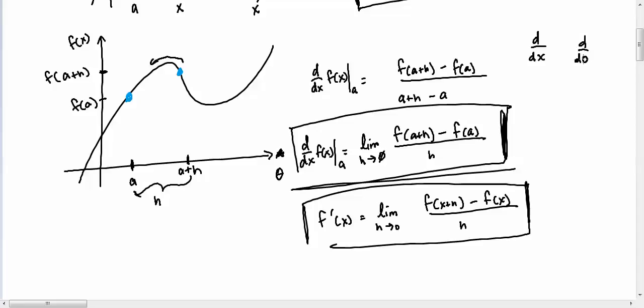Does that make sense? But instead it's the x-axis, and so we're going to stick with d/dx. That's where that comes from. Don't get that confused with d divided by dx. That's totally wrong. And that's an excellent question.